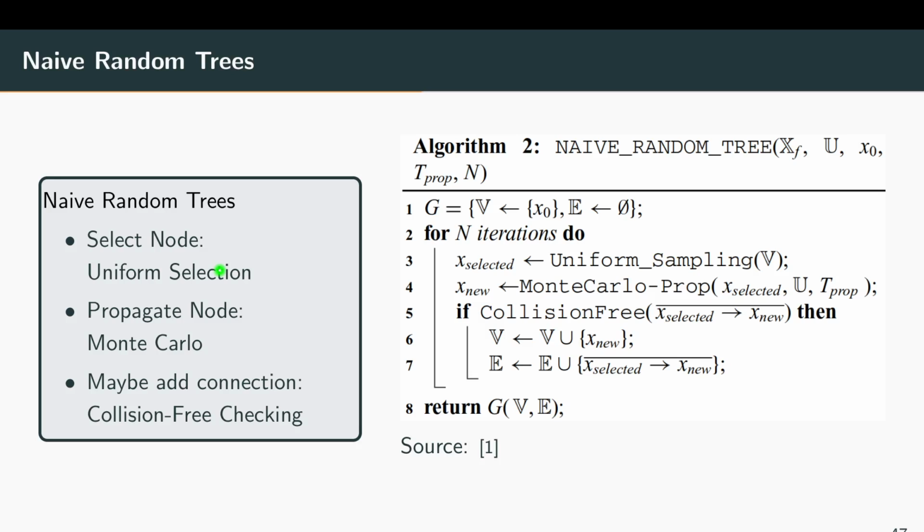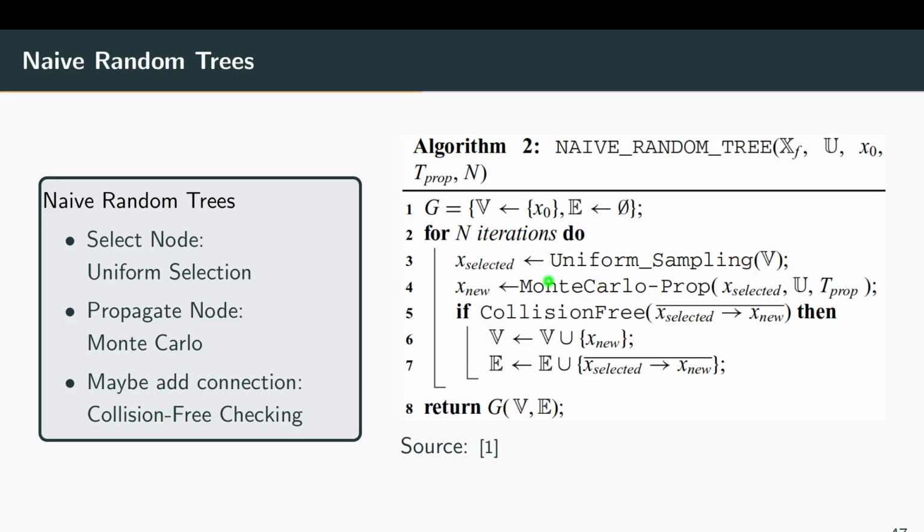And we now have to define what we do. So select node changed to be uniform. Propagate node changed to be non-guided, but still Monte Carlo. Or you can think of it as guided Monte Carlo with k equals 1. So that's then the same thing. And maybe add connection actually is kind of the same.